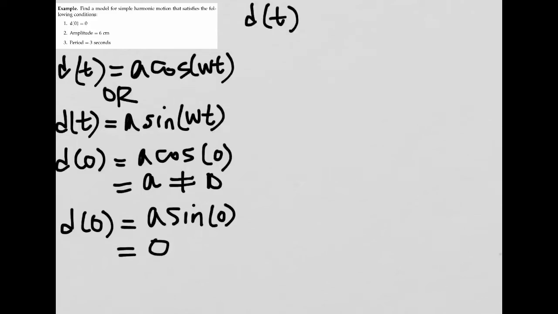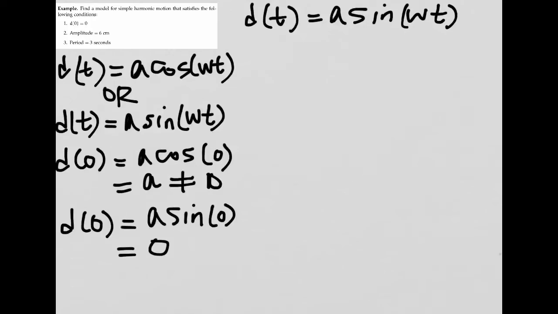Looking at the second equation, the sine equation, d of 0 is A sine omega times 0, which is 0. Now, sine 0 is 0, so the answer is 0, and the first condition is satisfied. So we know we're dealing with the equation for simple harmonic motion, d of t equals A sine omega t.